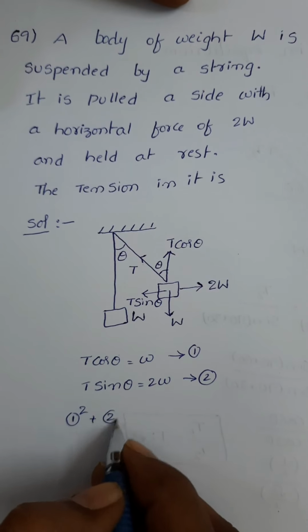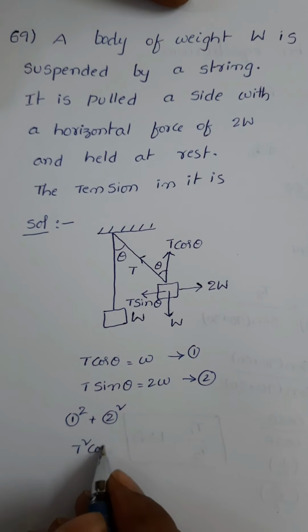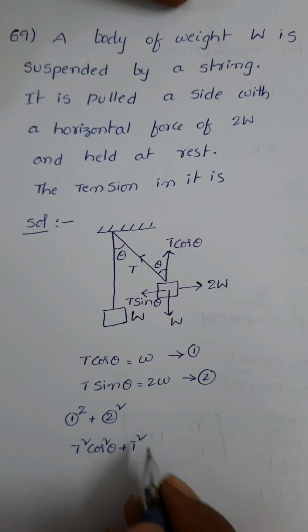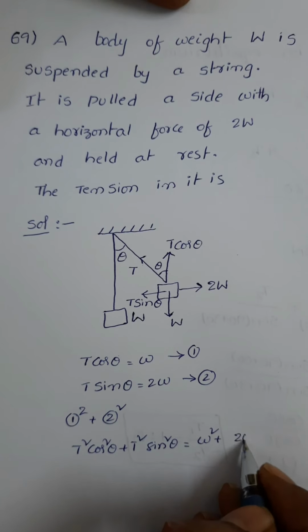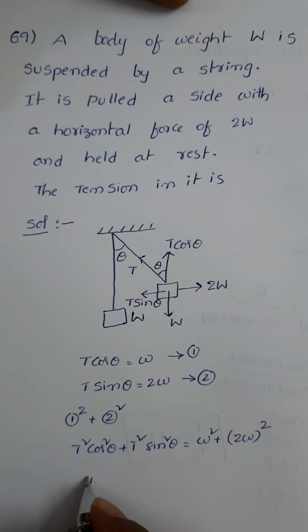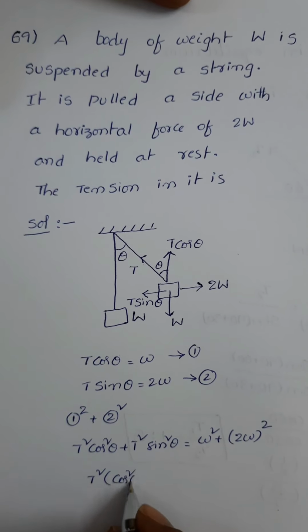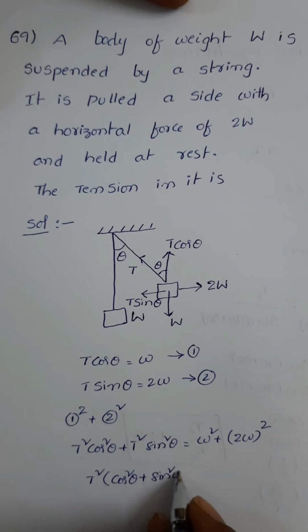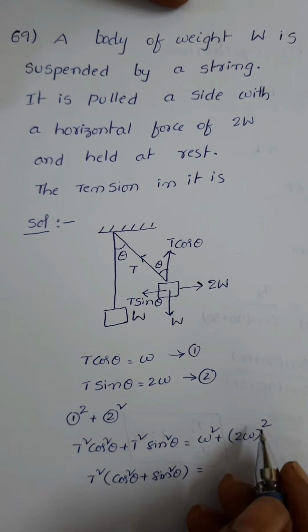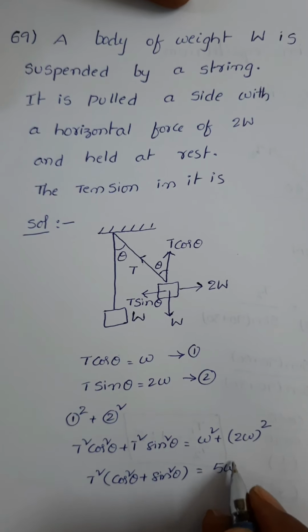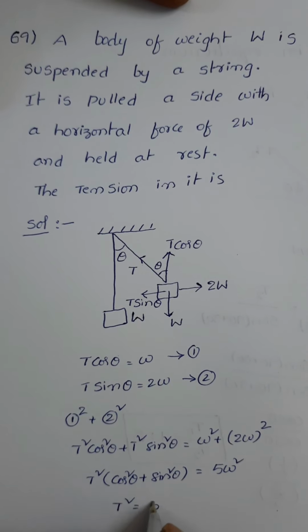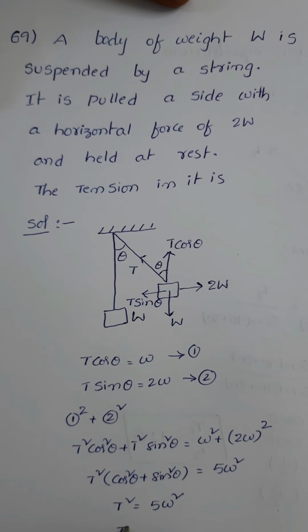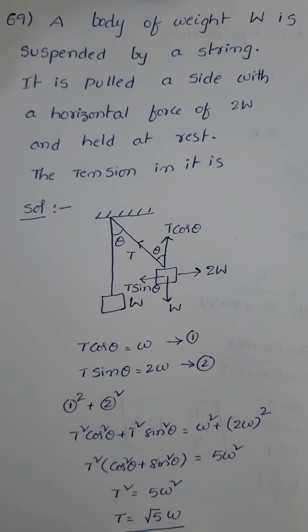Then we get T square cos square theta plus T square sin square theta is equal to W square plus 2W whole square. T square into cos square theta plus sin square theta is equal to W square plus 4W square, so it becomes 5W square. We know cos square theta plus sin square theta equals 1. So T square is equal to 5W square. Finally we can write T is equal to root over 5 into W. So this is the answer.